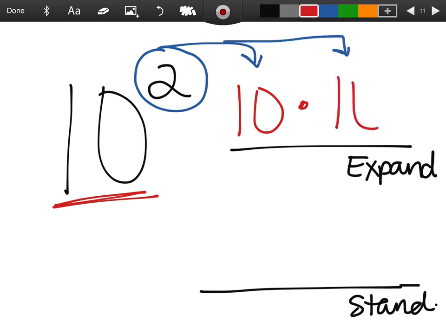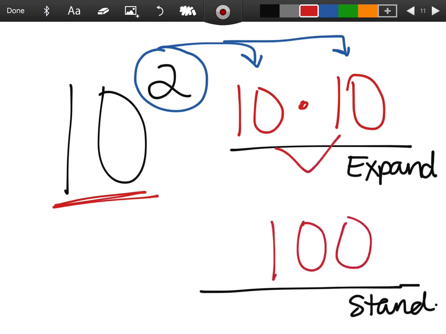So it would be 10 times 10. Well, if I look at this, there's a cheat. I can just say, well, 10 times 10 is 100, so standard form is 100. Great job.